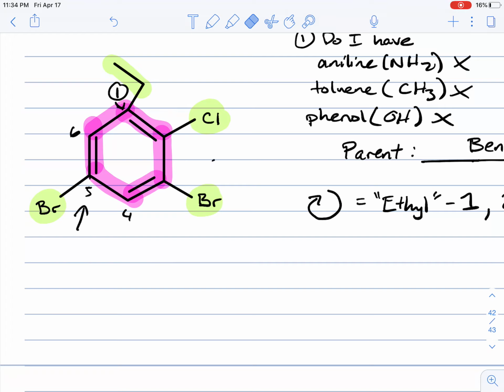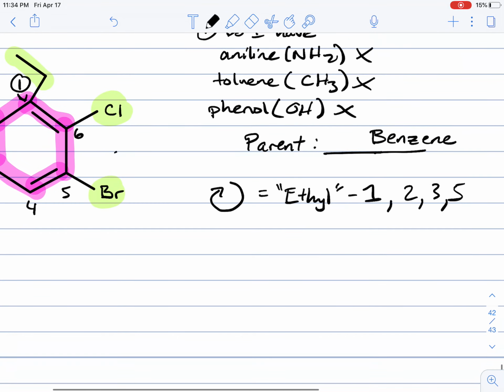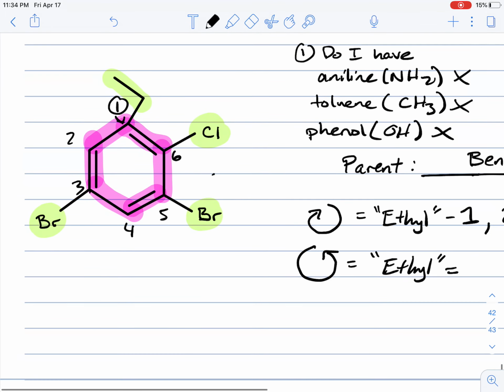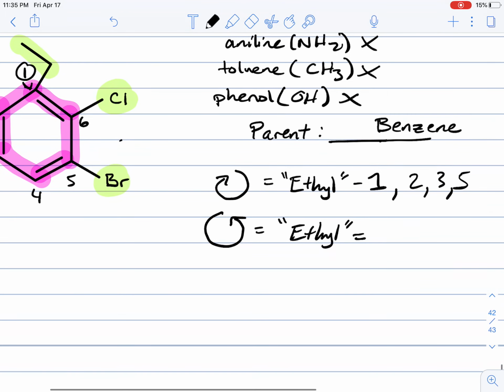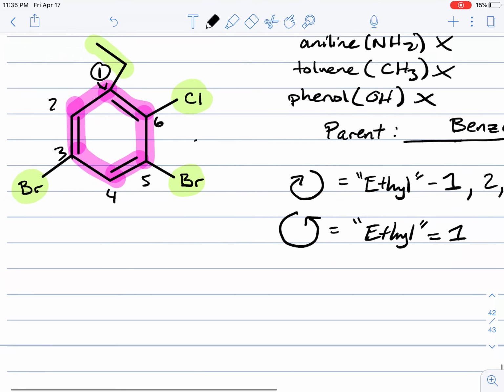All right. So what if I go counterclockwise? What would I get? So I get 1, 2, 3, 4, 5, 6. And so if I go counterclockwise with respect to ethyl, then I have 1, 3, 5, and 6.